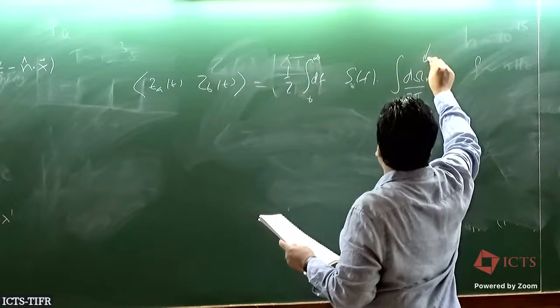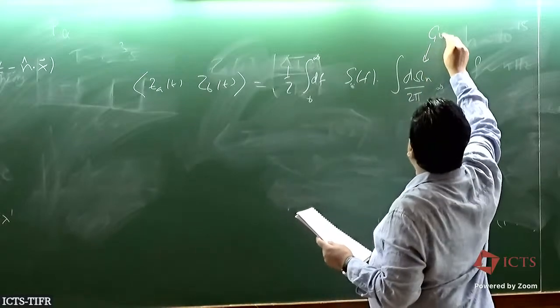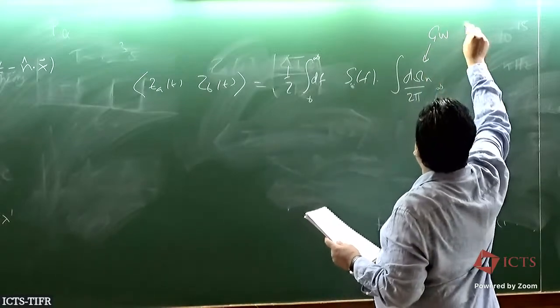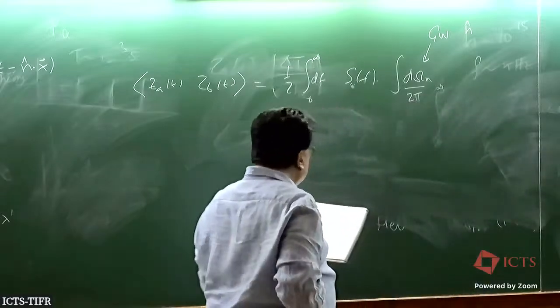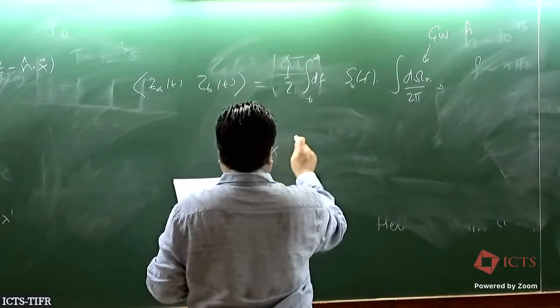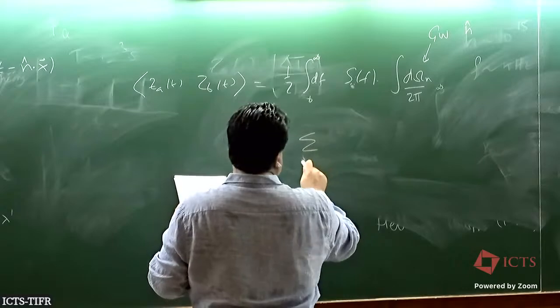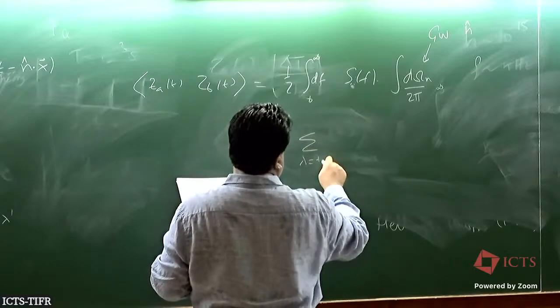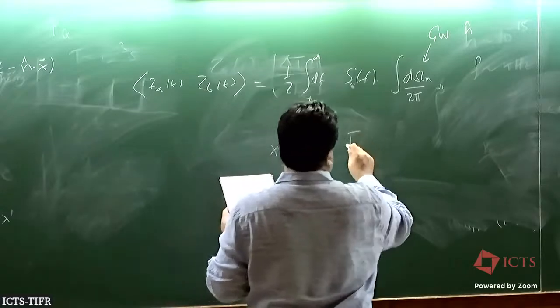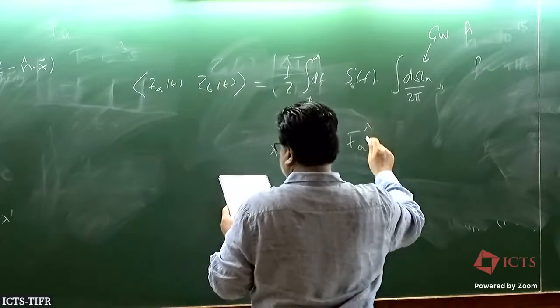So this is the GW n, not the pulsar n, times lambda plus and cross of some function which I'll just tell you.